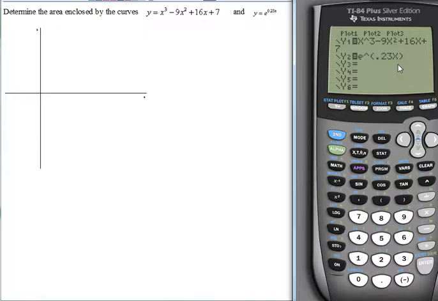Make sure you put parentheses around the 0.23x, so that whole thing is in the exponent.